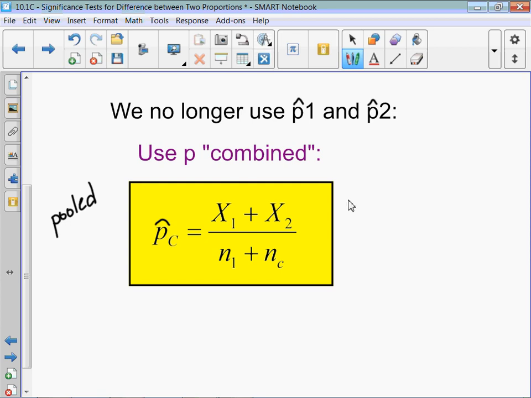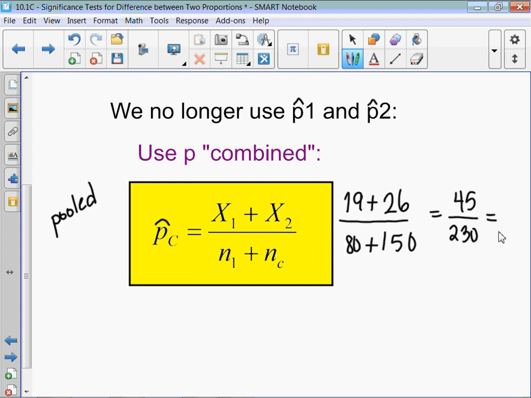So we're going to add our numerators together. We're going to do 19 plus 26, so everybody who has not eaten breakfast, divided by the total of both schools, so 80 plus 150. This gives me 45 over 230, which is 0.1957.